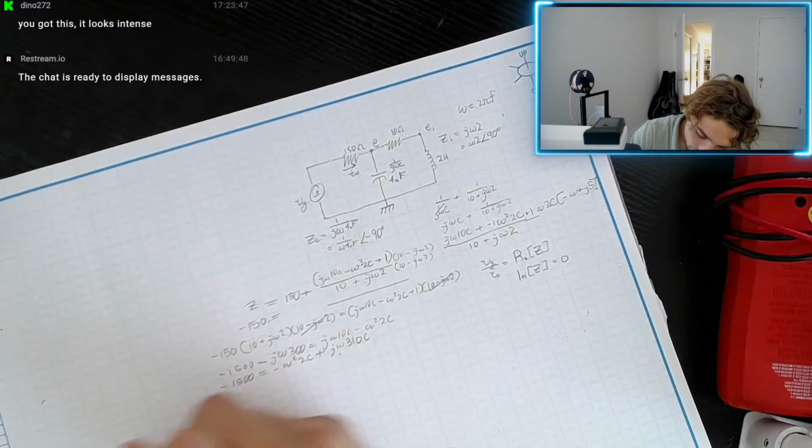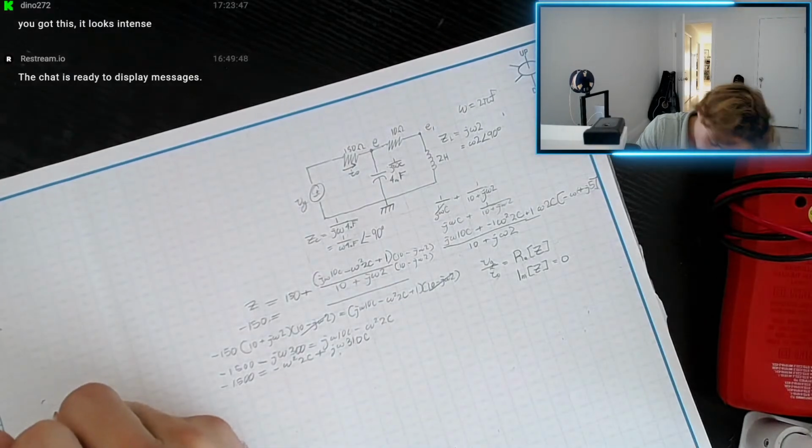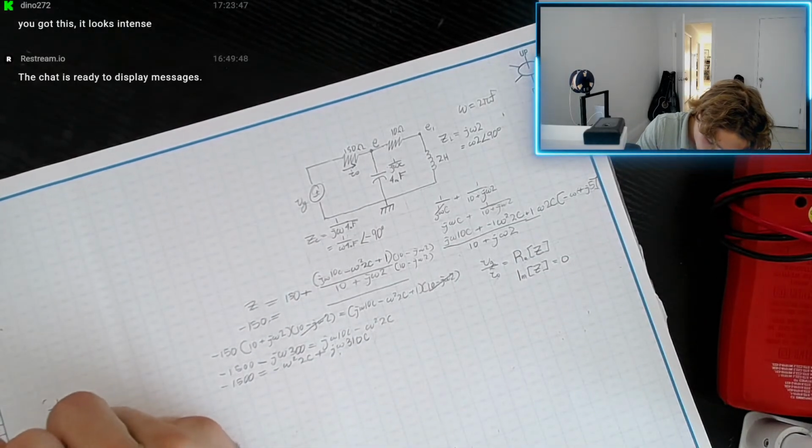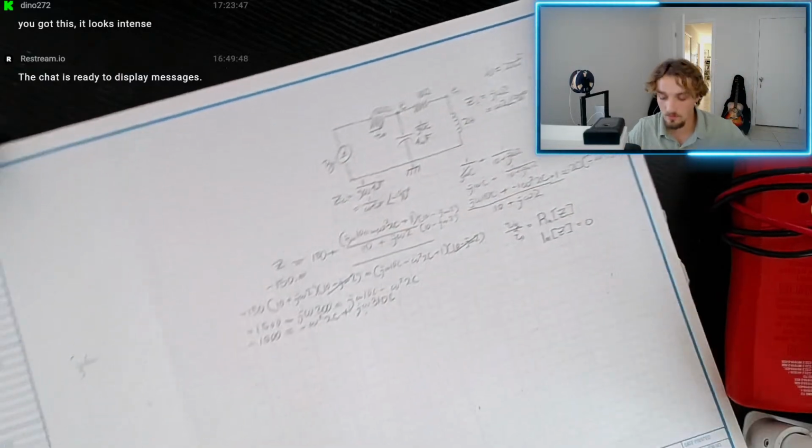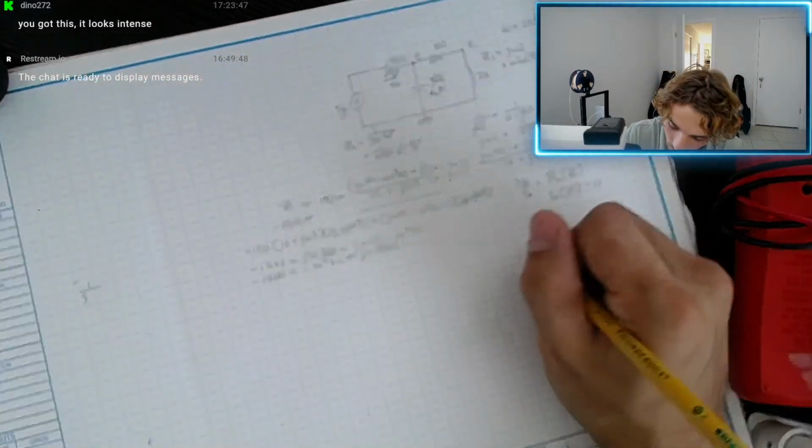What about... Oh, you can't see that. Here, I'll do it down here. Whatever.